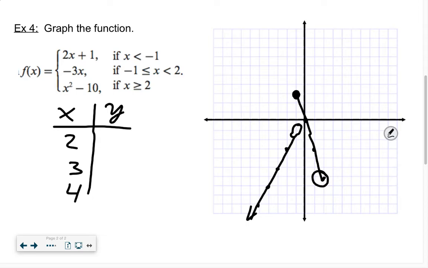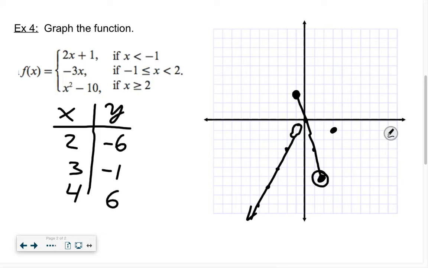If I plug 2 in, 2 squared is 4 minus 10 will get me negative 6. If I plug 3 in, 9 minus 10 is negative 1. Plug 4 in, 16 minus 10 will get me 6. So 2, negative 6. Wouldn't you know it, it's right there. 3, negative 1.